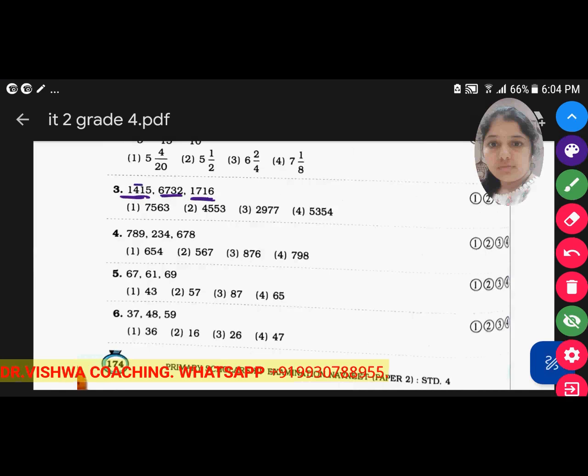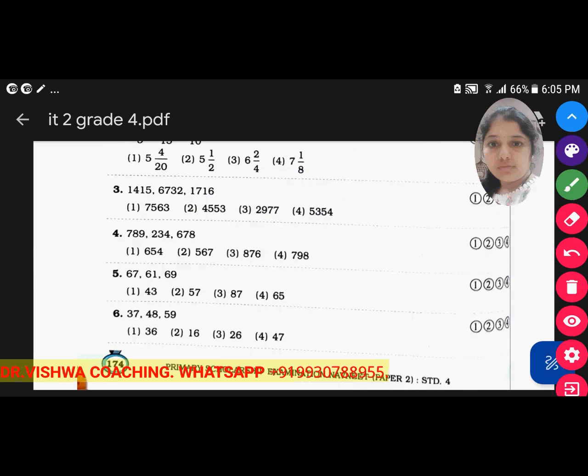If you look carefully, 41, 73, 71 are all prime numbers. So you have to find the number in which the middle two digits form a prime number. If you look carefully, 56 is not a prime number, 55 is not a prime number, 97 is a prime number, 35 is not a prime number. So the third option is the correct option.